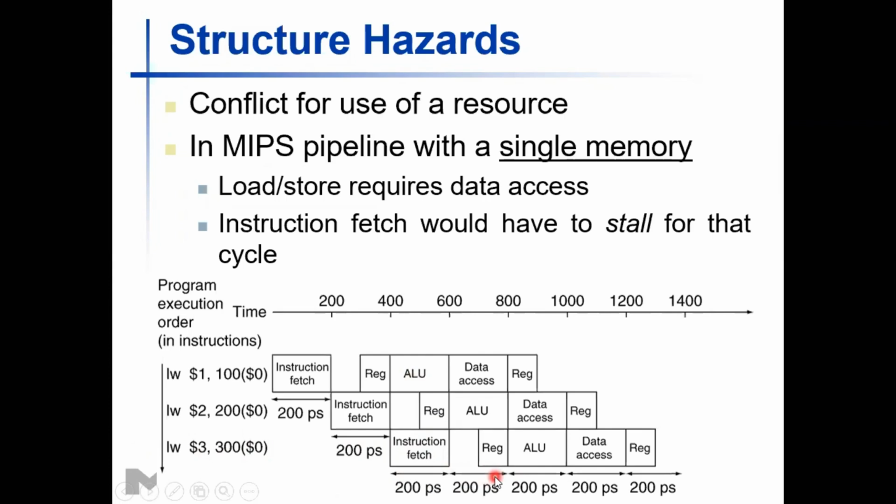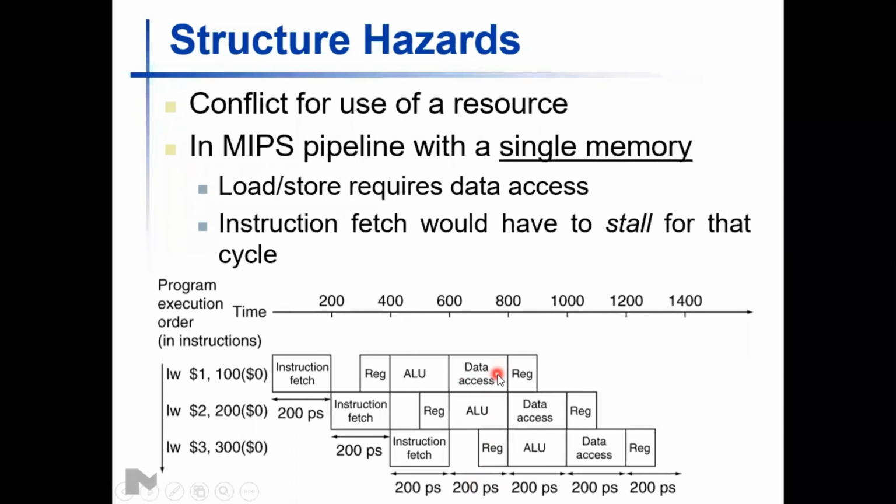Now in that clock cycle, we need to fetch the next load word instruction, as well as do the data access for the first load word instruction in the pipeline. If the hardware is a single device, with data and instructions in the same device, then we can't do this access in parallel, right?